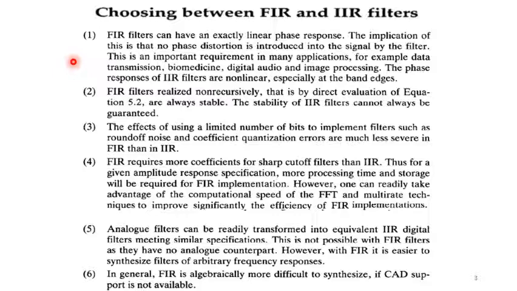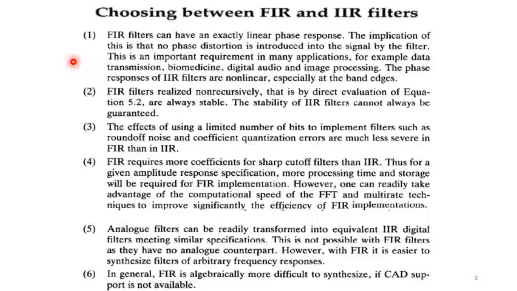The fourth point is that FIR filters require more coefficients for sharp cutoff filters than IIR. Thus, for a given amplitude frequency specification, more processing time and more storage will be required when you implement an FIR filter. In the case of an IIR filter, we will require less processing time and less storage.